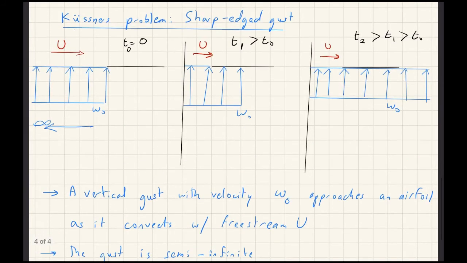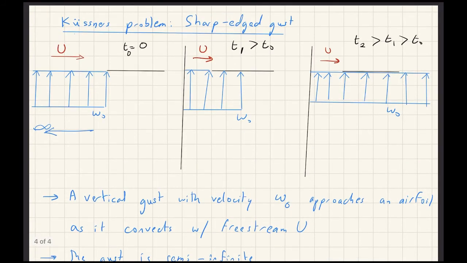For instance, if you take this case, this portion here of the wing is experiencing the upwash from the gust, and thus it is experiencing some angle of attack at the local position. For instance, I'm just going to draw it in red here.